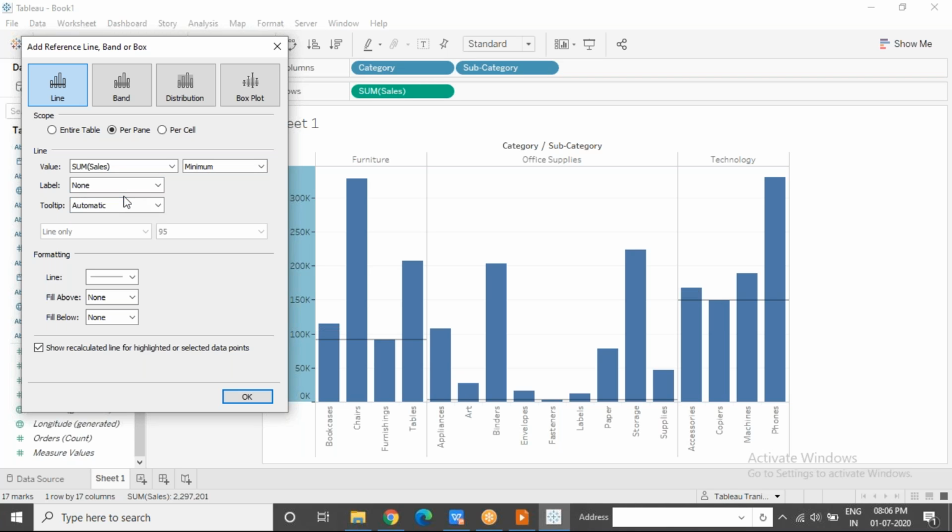You can either choose not to label the line, or you can choose to label it with the value that it is representing. You can choose to label it with the computation based on which the line came up there, or you can choose to label it your own way by choosing to customize the label, right? So, say for example, computation followed by an equal to sign and then the value itself.